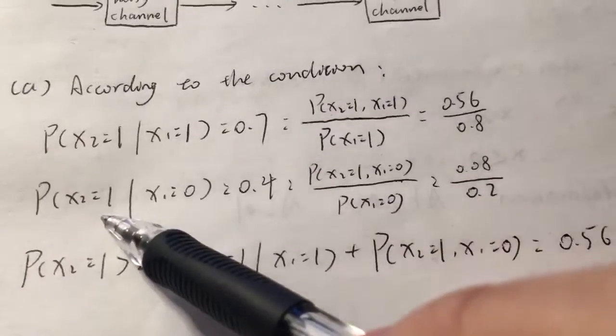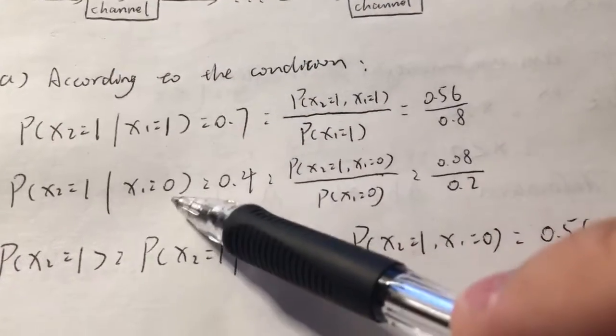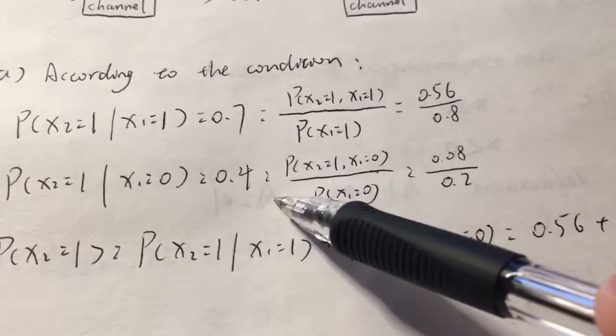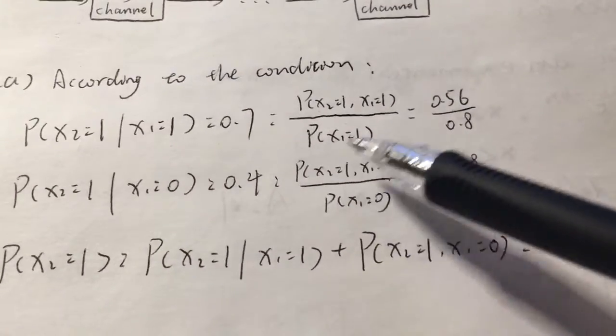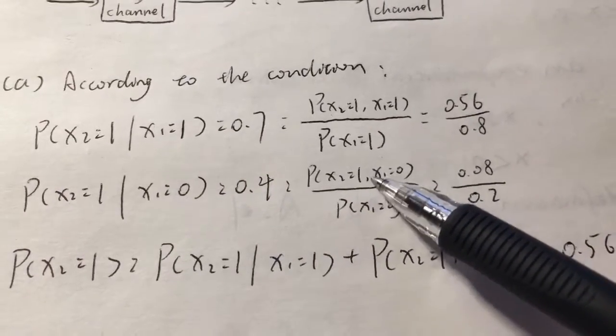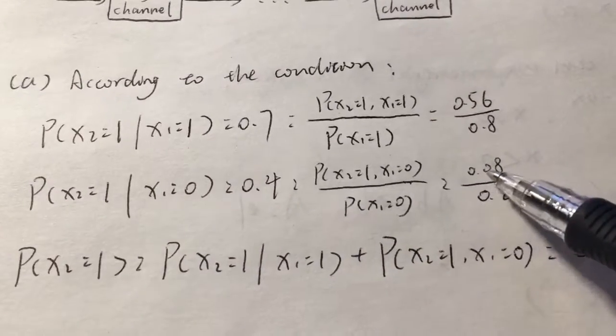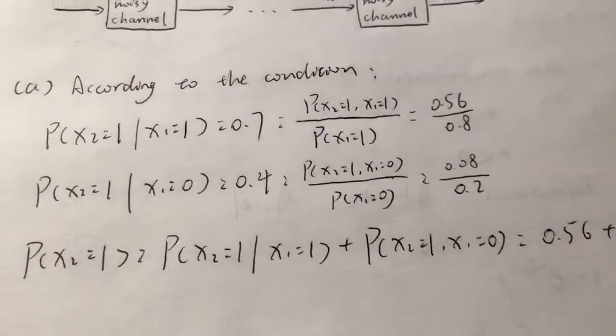Okay, so now we got this. The probability that x2 equals 1 given that x1 equals 0 is 0.4. So with this, we can get the probability that x2 equals 1 and x1 equals 0 is 0.08.